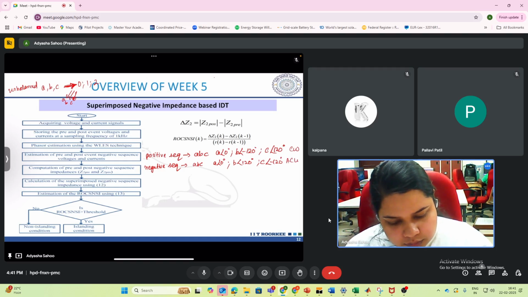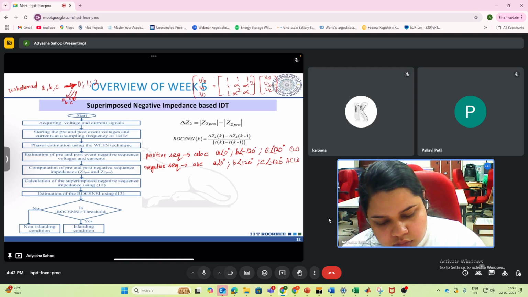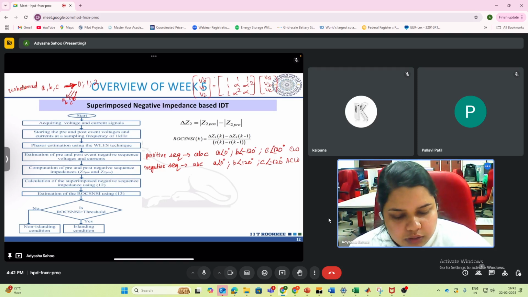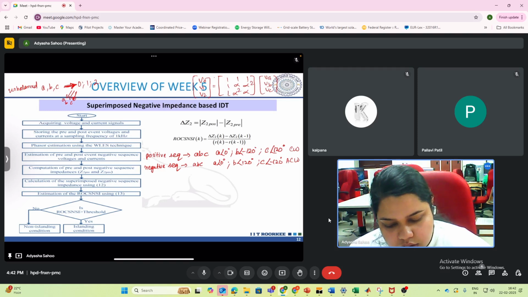by this transformation matrix that we see: 1, 1, 1; 1, alpha square, alpha; 1, alpha, alpha square. So here you multiply VA, VB, VC to get V0, V1, V2. That gives you the magnitude of this sequence network. So what we can do is, the first step you see is to acquire the voltage and current signals.